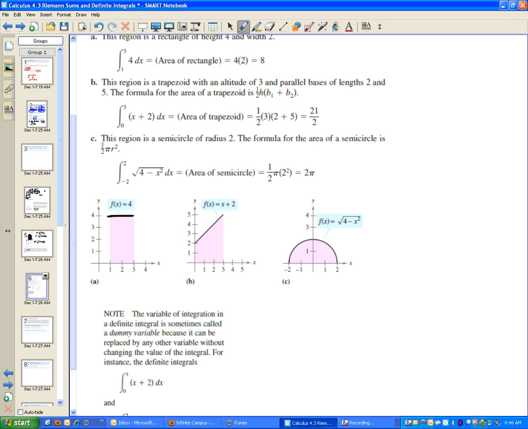If f of x is a line that's not a horizontal line, what's that pink area? What shape is that? Or pink region, I should say. It's a trapezoid. 1/2 times the height times the sum of the bases. Okay? What do we get here? Semicircle. So 1/2 of pi r squared.